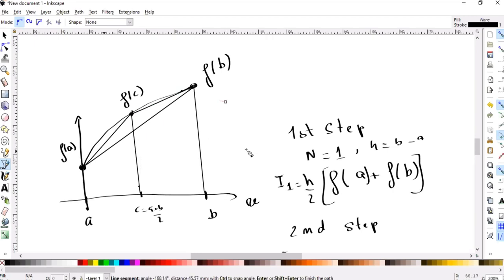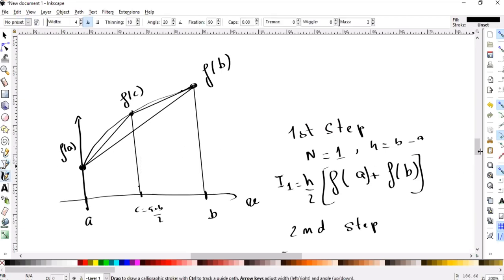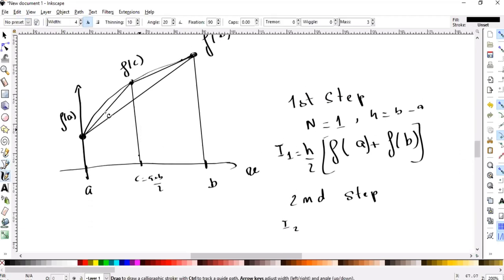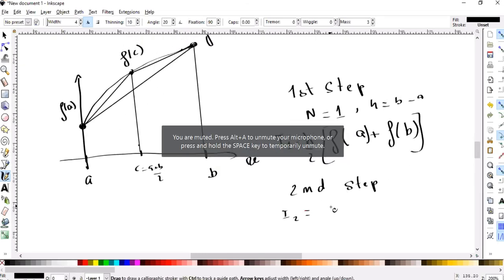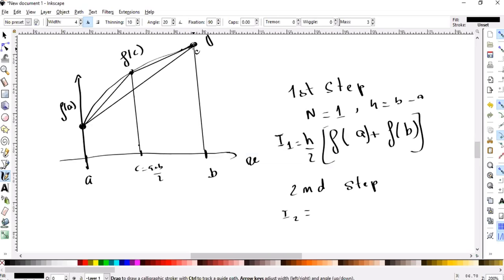Okay, so I have now the area of these two trapezoids. Like we said, I2 is the first point plus the last point over 2.